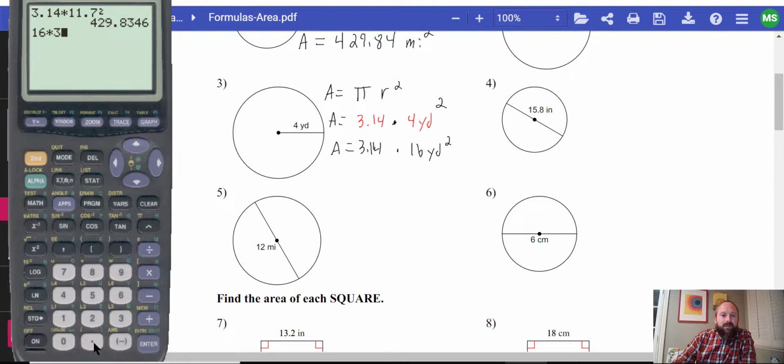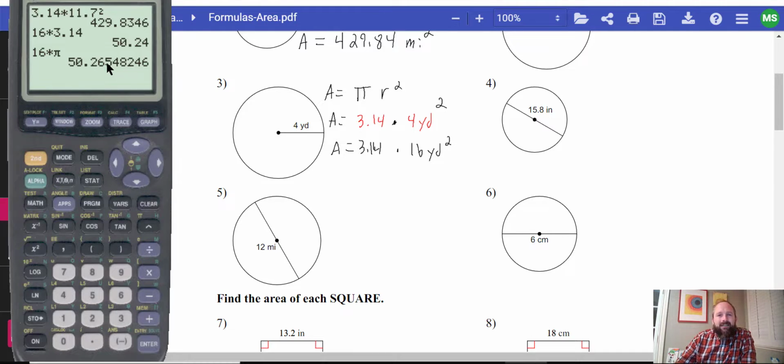So I'm going to have 16 times 3.14, and I hit enter. Let me show you what happens if we actually multiply it by pi. For the most part, it's going to be about the same. Here's the pi symbol right here. 16 times pi is 50.265.